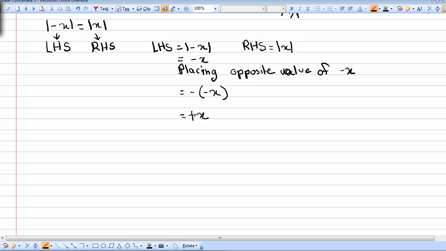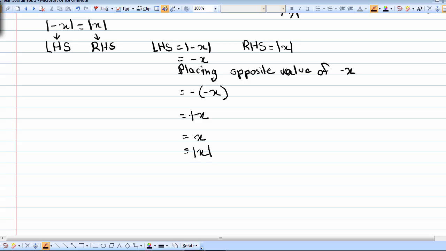So we can currently say that this is x, and we can apply back those bars once we get the answer.